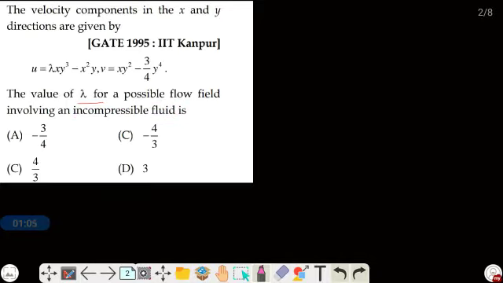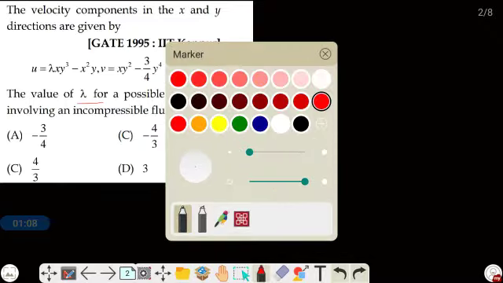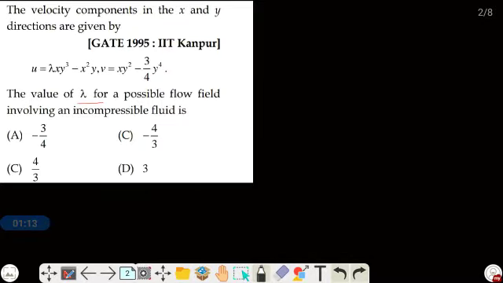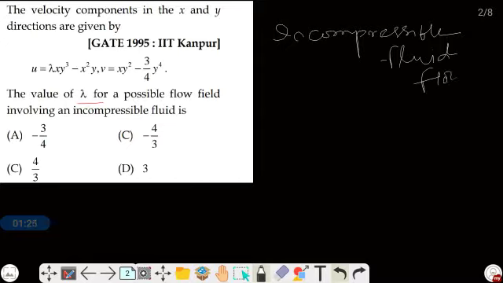So for incompressible fluid flow, what do we know? We know that del dot V, where V is the velocity vector, is equal to 0.